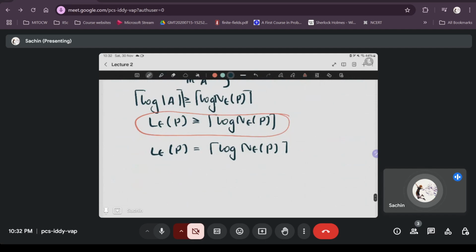At this point, we have a systematic way to find L epsilon of p. But in the end, even this is not very convenient, right? Because you have to arrange the probabilities.